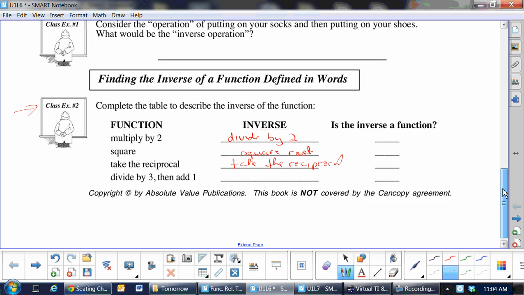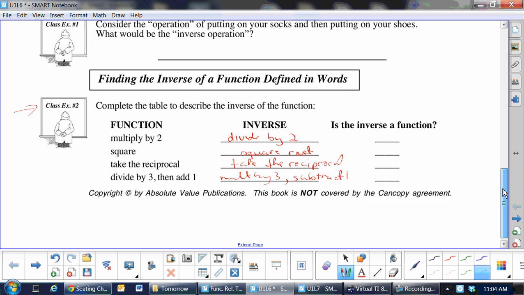Yeah. Take the reciprocal. Some of this stuff's pretty deep. Might not get it till you're driving home tonight. Oh, I get it. How about divide by 3, then add 1? Multiply by 3, subtract 1. Okay.